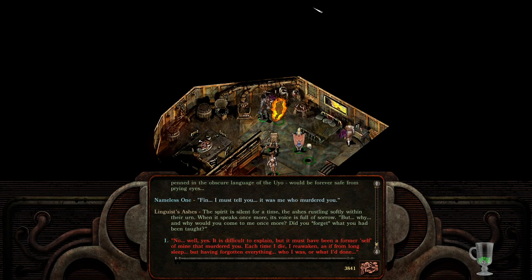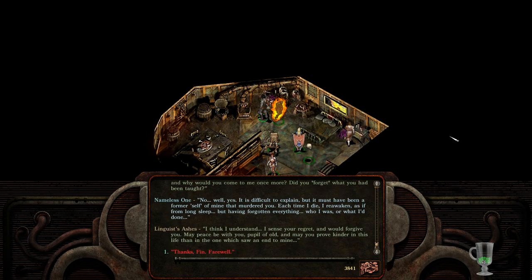It's difficult to explain, but it must have been a former self of mine that murdered you. Each time I die, I reawaken, as if from long sleep, having forgotten everything, who I was or what I'd done. I think I understand. I sense your regret and would forgive you. May peace be with you, pupil of old, and may you prove kinder in this life than in the one which saw an end to mine.